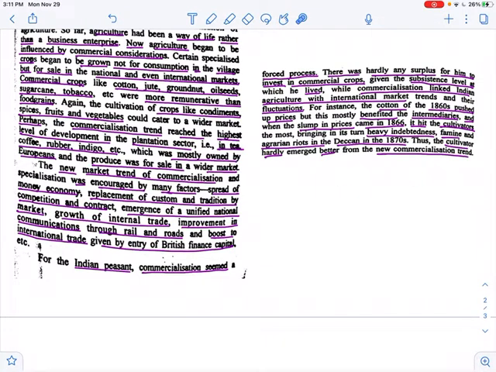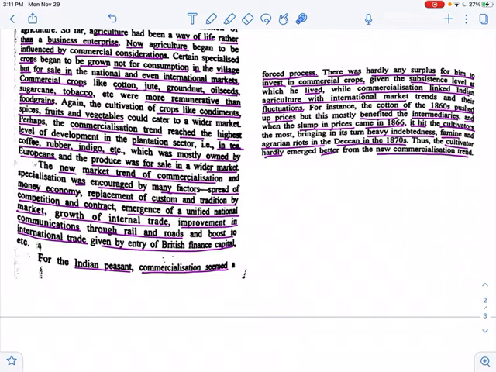Right? And when cultivators faced losses because of the slump in prices, they fell into a debt trap. Because of the poverty and lack of food, there were famines in India.